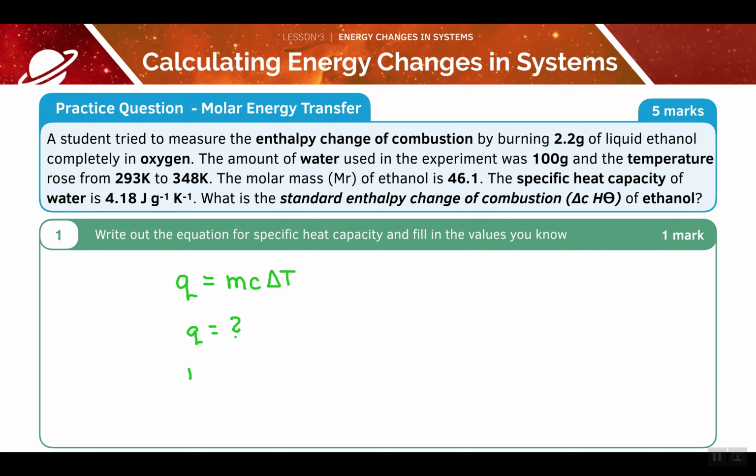Our m is 100 grams. c is 4.18. And delta T we need to work out, which is going to be 348 minus 293, which gives us a value of 55.